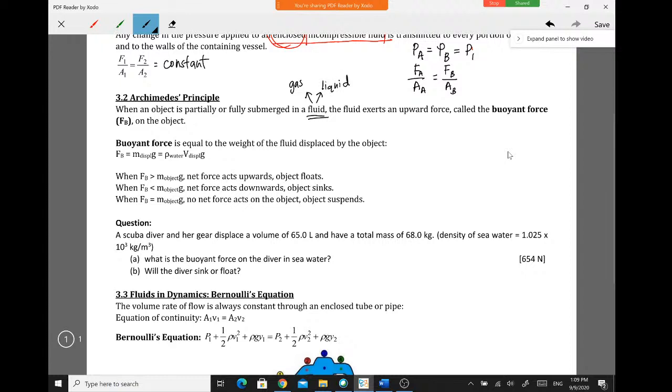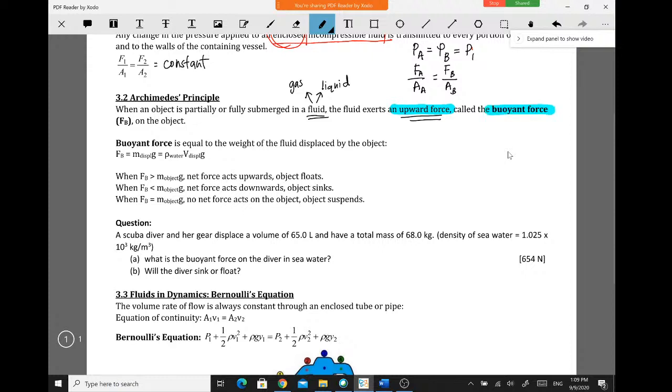Okay, so when an object is being submerged, either partially or fully, there will be an upward force. So remember, buoyant force is always an upward force. It's always going up.